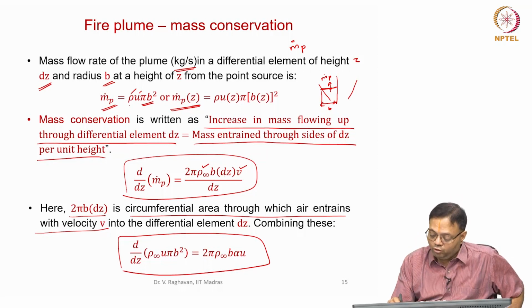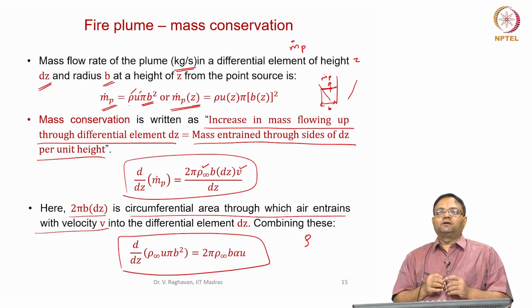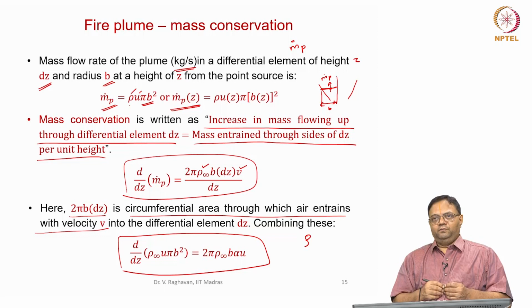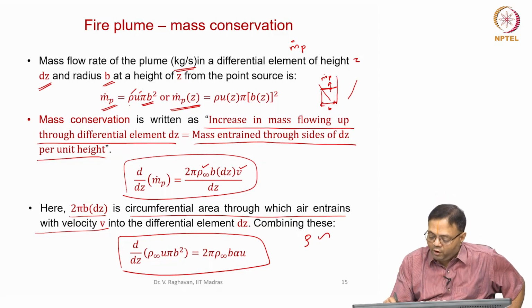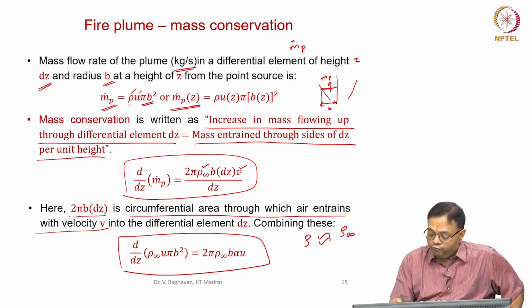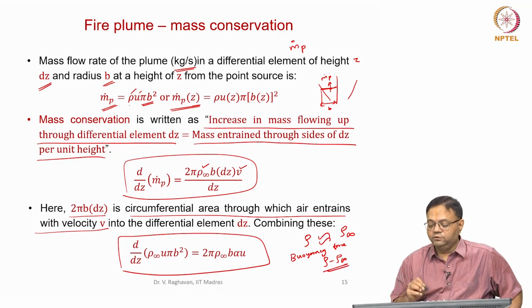Please note that because the temperature difference is not very high, rho is approximately taken as rho infinity in this conservation equation. But for the buoyancy force, the difference of this is taken into account.